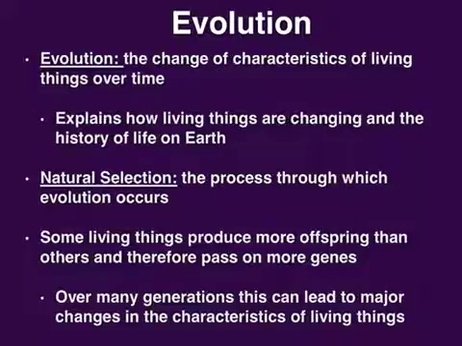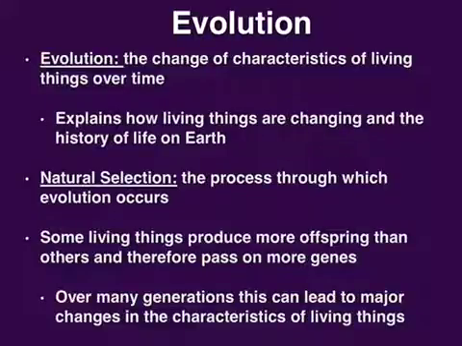The last unifying principle of biology is evolution. Evolution states that it is the change of characteristics of living things over time, and this explains how living things are changing and the history of life on Earth. The process through which evolution occurs is called natural selection.